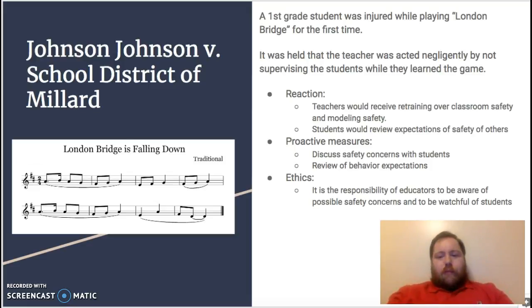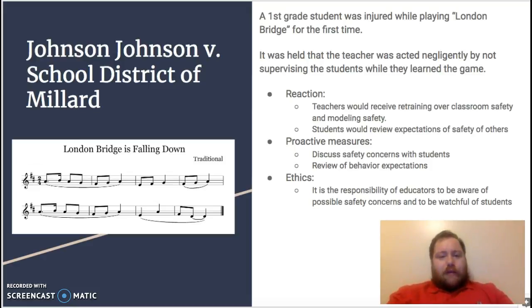But if something similar were to happen, there would be a lot of training around classroom safety and modeling safety, and a lot of emphasis on making sure students understand expectations for safety of themselves and others.